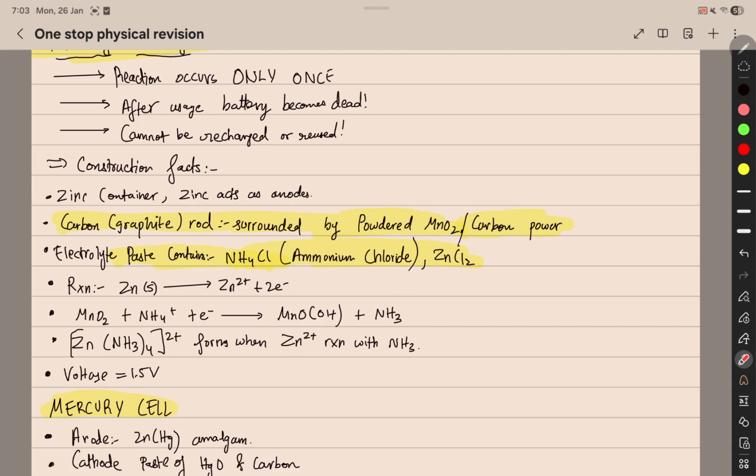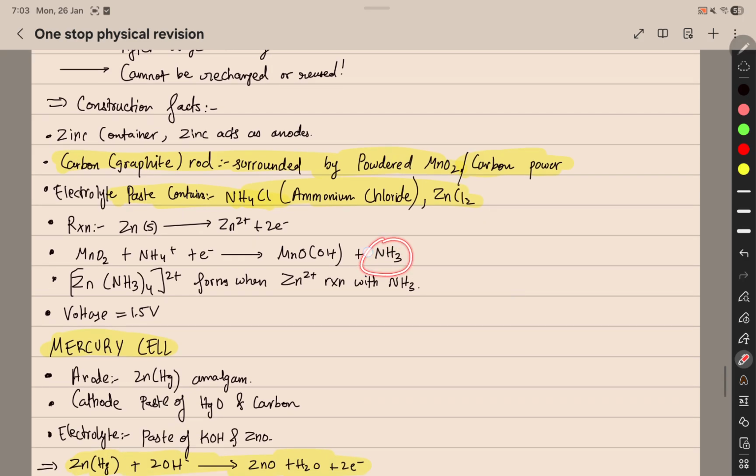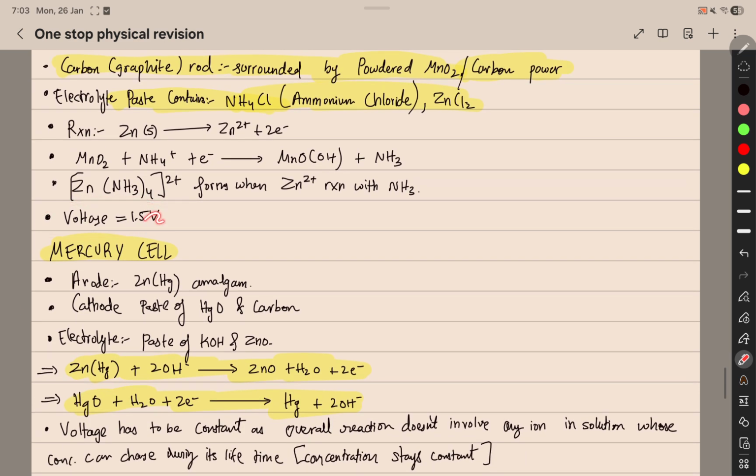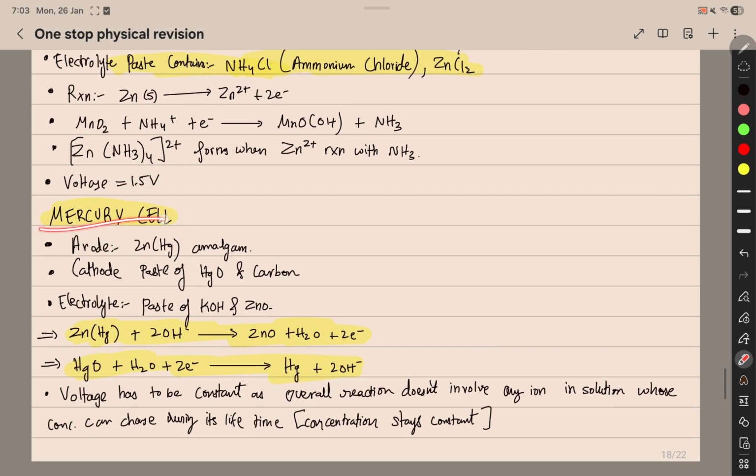Correct me if that's wrong. The NH3 released reacts with the zinc to form a complex, the tetraamminezinc ion. The average voltage here is 1.5 volts.